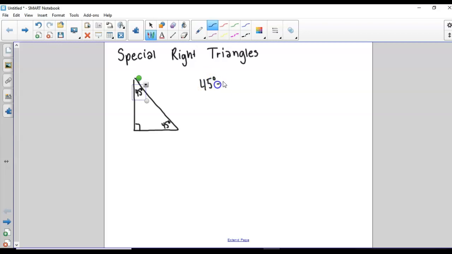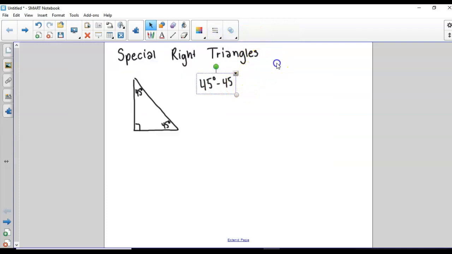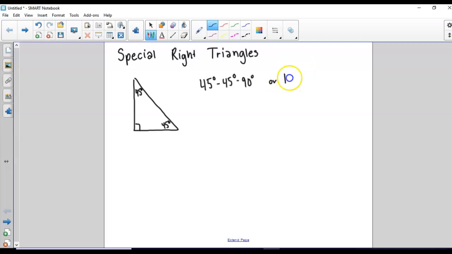This is called a 45, 45, 90 triangle, or sometimes an isosceles right triangle.